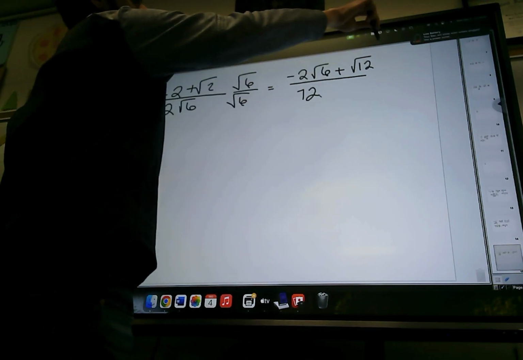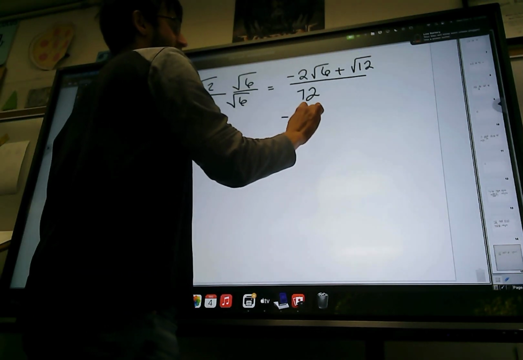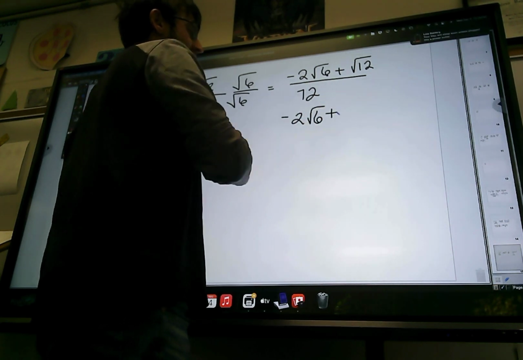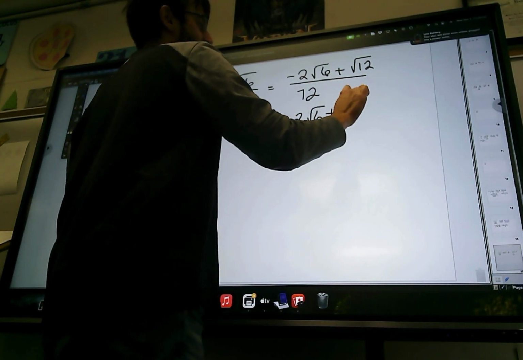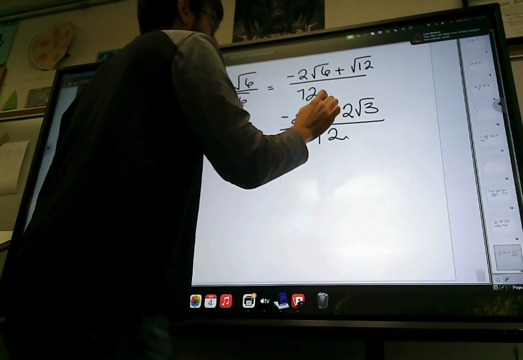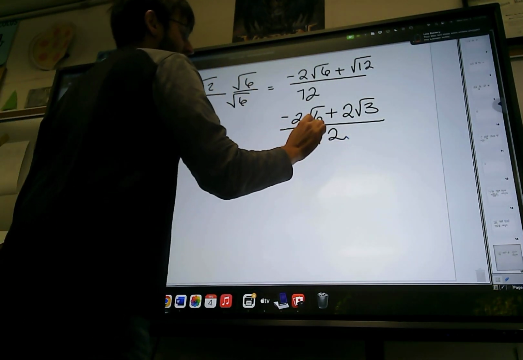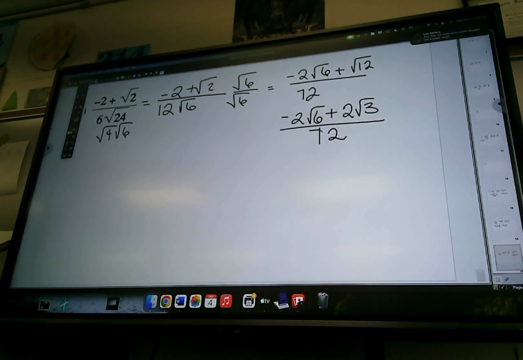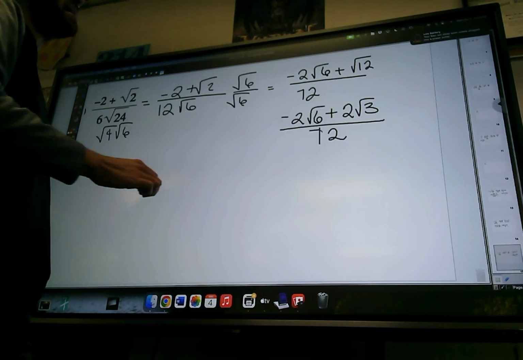Next thing I'm going to do is reduce the square root of 12. That's going to be negative 2 square root of 6, plus square root of 4 square root of 3, so 2 square root of 3, over 72. Last step, I'm going to see that all of those coefficients are even, so I can pull out a GCF of at least 2.